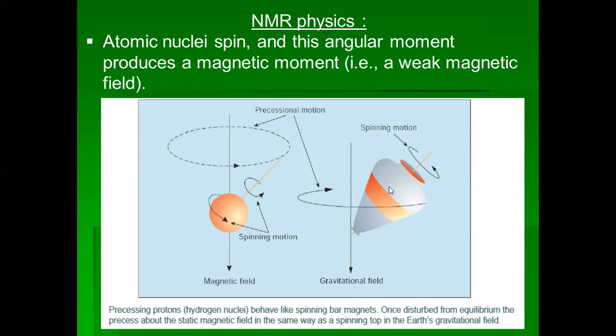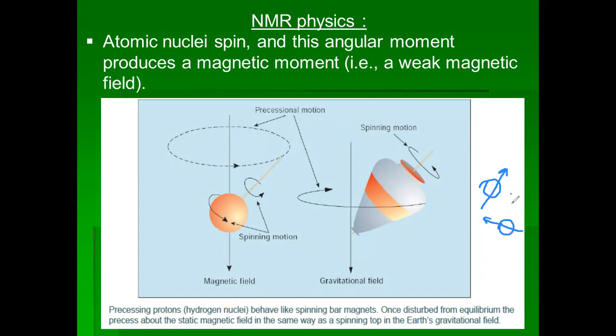For example, if we consider the hydrogen nuclei existing within the fluid of the pore spaces, we will have at first a random distribution of the spin of hydrogen nuclei around the axis.